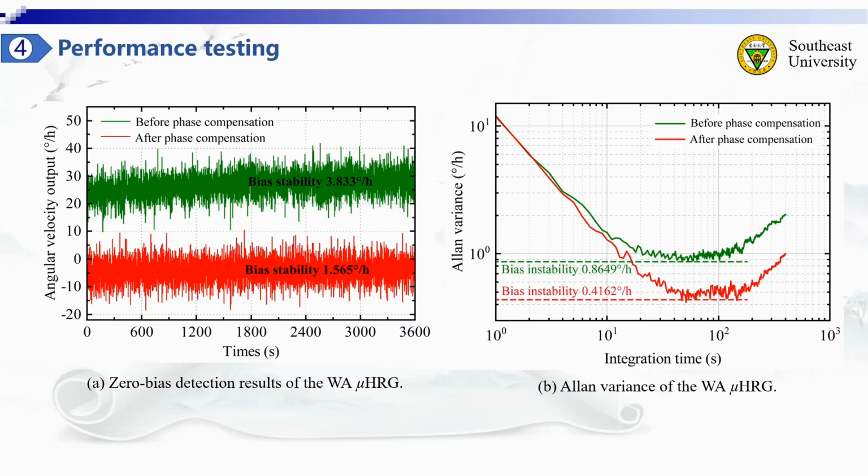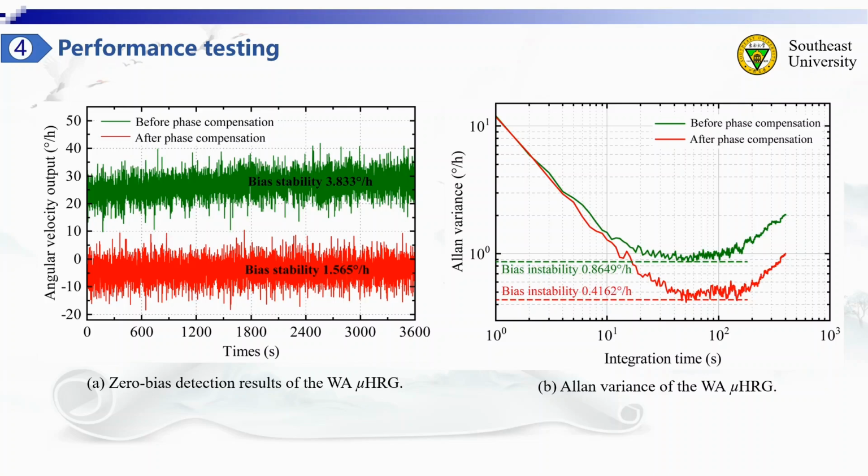As shown in Figure A, after compensation, the zero bias stability is reduced from 3.833 degrees per hour to 1.565 degrees per hour.